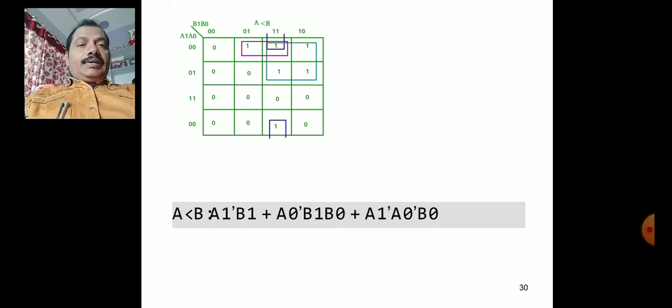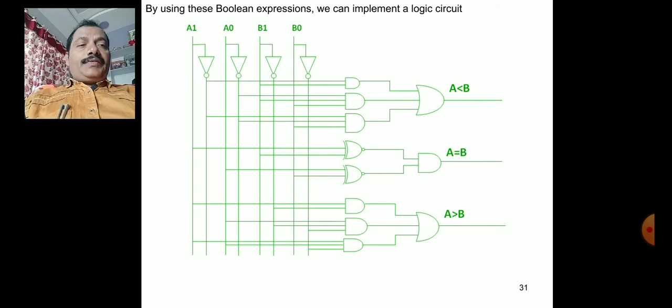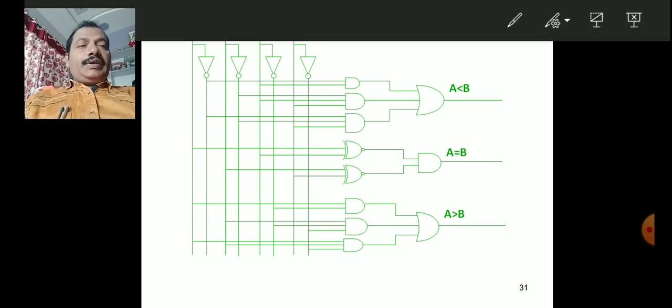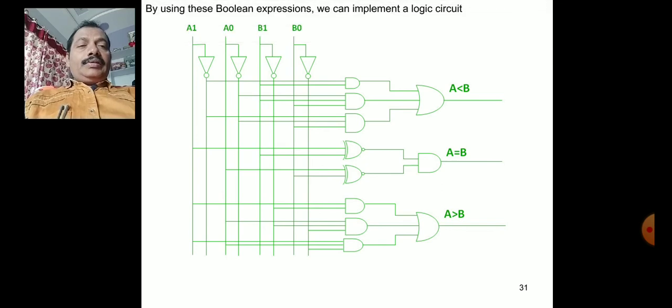Once the three output simplified expressions are available, with the help of the expressions we can implement the gate circuit like this. Now if you observe here, A1 and A0, B1, B0, four inputs and their respective complements also are drawn first, and from them we will write the connections.